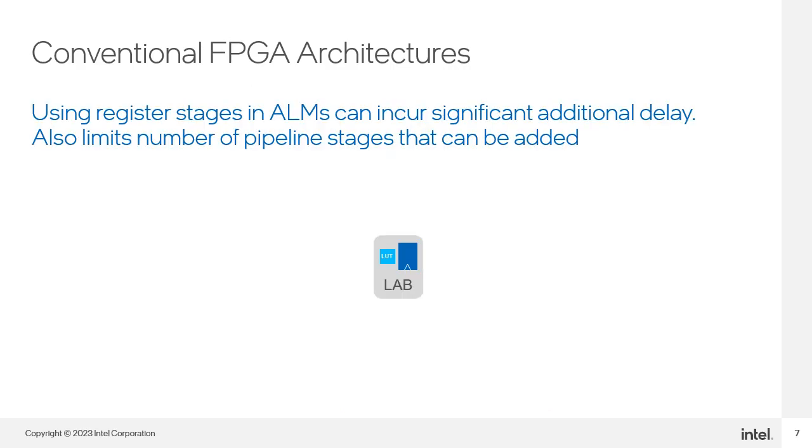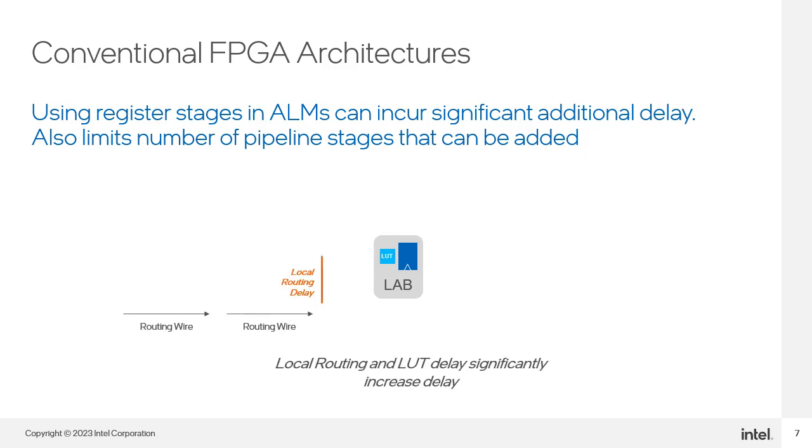Unfortunately, there is an expense to using an ALM register for pipelining in the form of a significant increase in the delay of the timing path. Now, the actual delay incurred depends on the particular target device, but in general, each time the signal leaves the row and column resources to go into an ALM, it encounters an additional delay from the local routing needed to feed the ALM itself as the signal passes around the lookup table or LUT, and the local routing to exit the ALM back to the row and column resources.